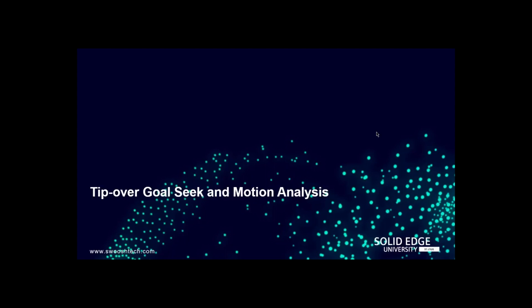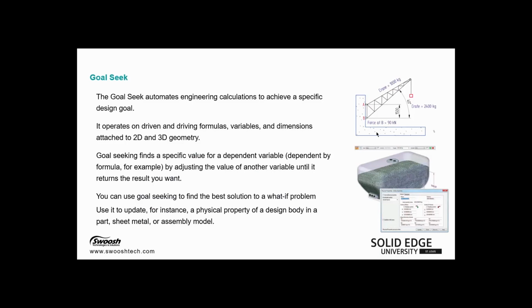The next topic would be tip over, goal seek and motion analysis. So what is goal seek? Let's first cover the tools available. Goal seek is automated engineering calculations that have been available in Solid Edge for quite some time. It operates on 2D data as well as on 3D geometry. The way it works, it finds a specific value which depends on another variable, for example, or formula.